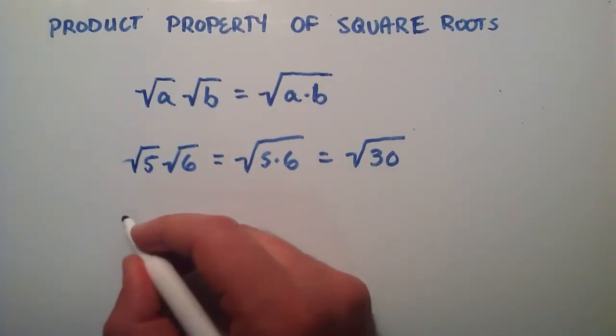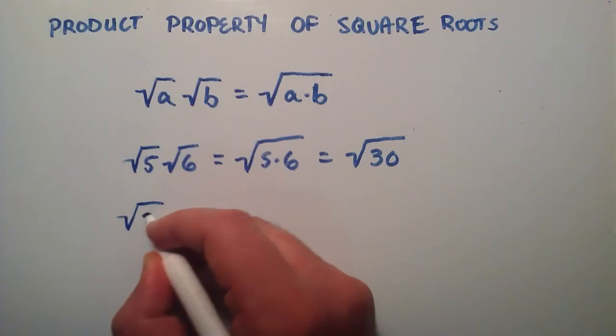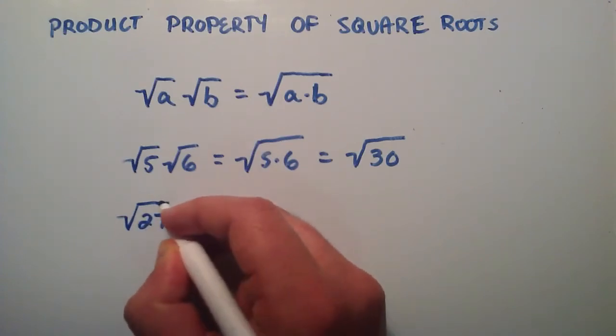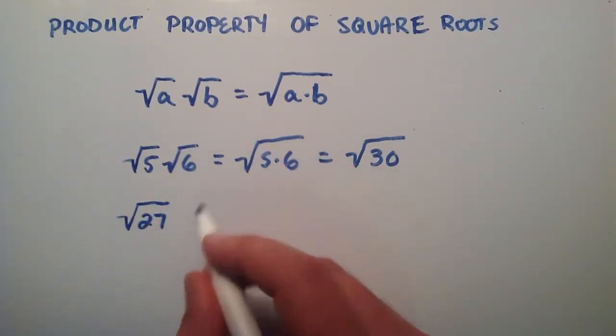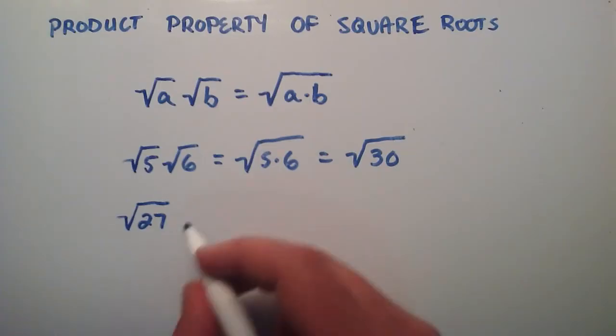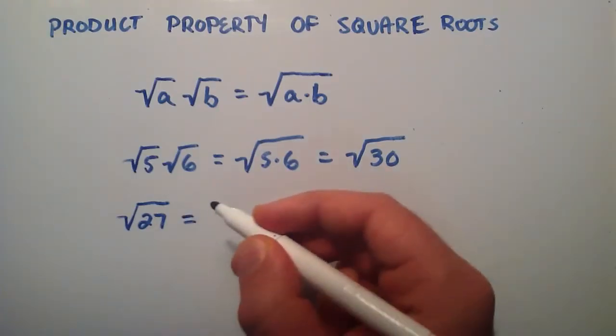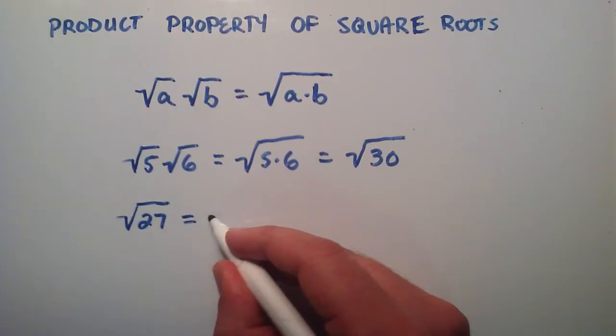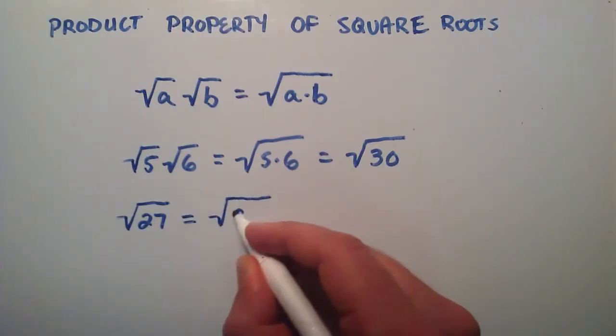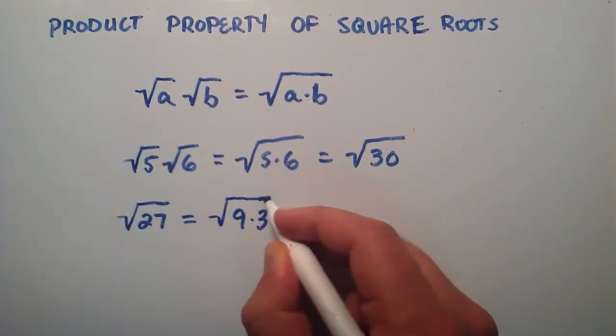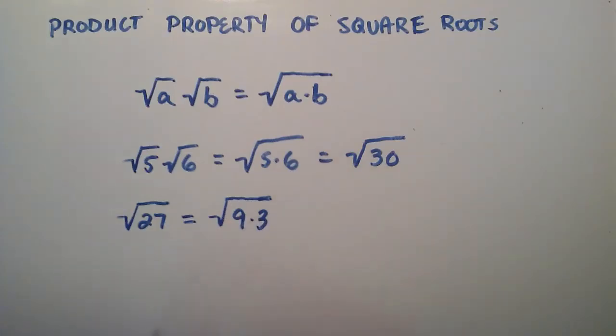What if we had something like the square root of 27 and we wanted to simplify this? Well, we can use the product property to do that as well. It turns out that 27 is equal to 9 times 3. So we'll just go ahead and write 9 times 3 under the radical symbol.